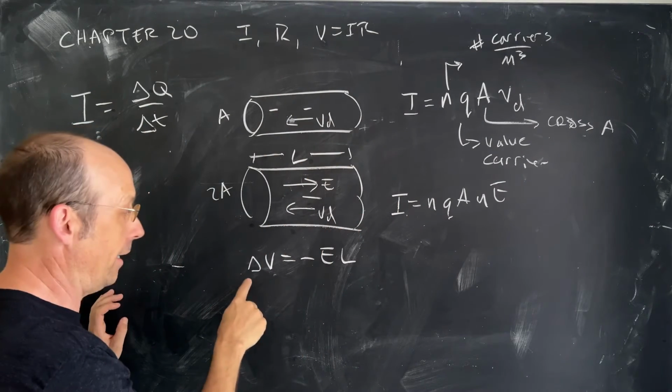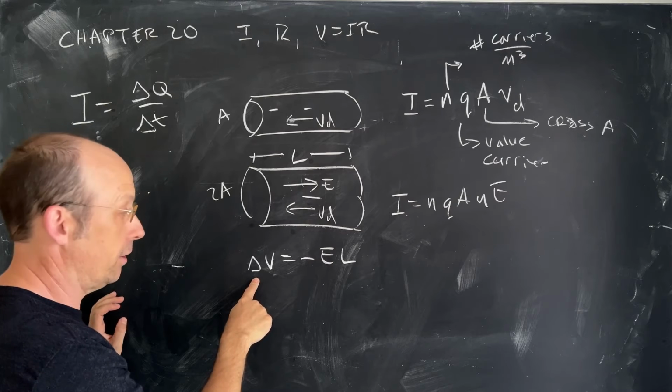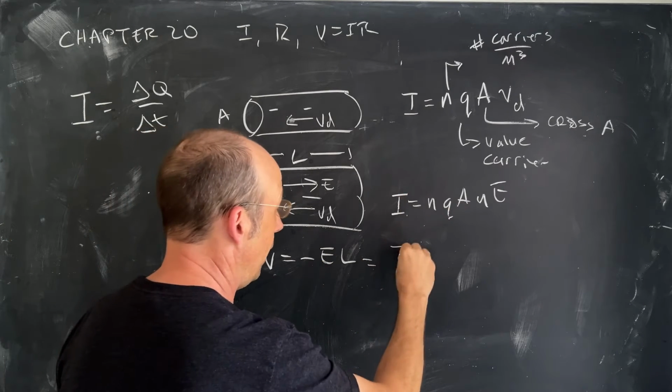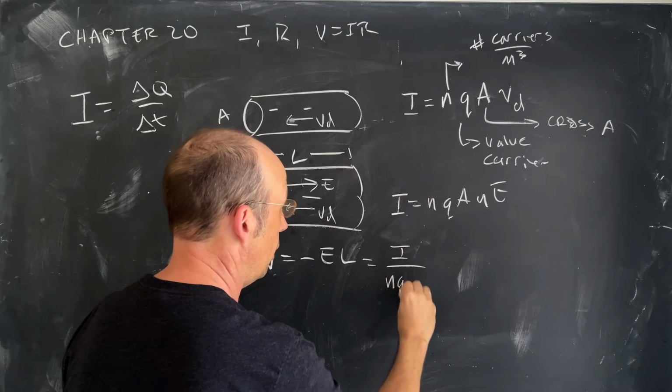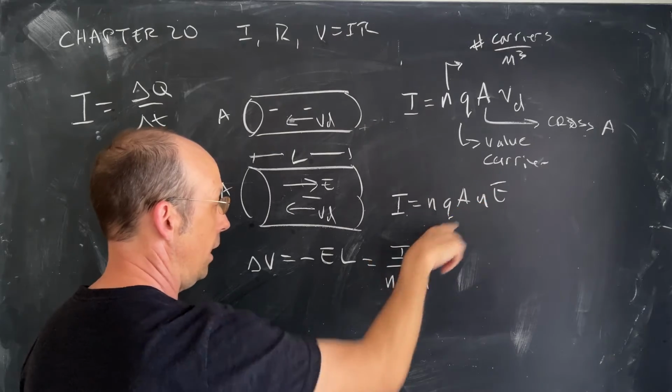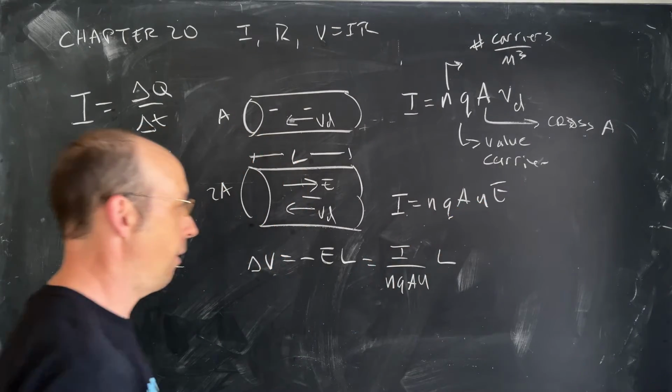And let's just talk about the magnitude here. We'll talk about the direction soon. I can write this as E, which is going to be I over N Q A mu, right? That's solving this for E, and then I get L.